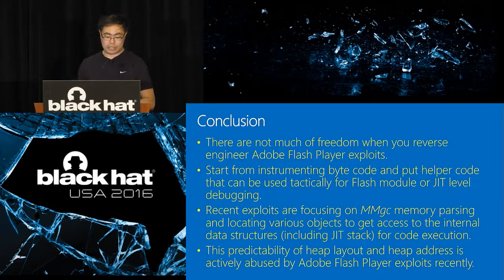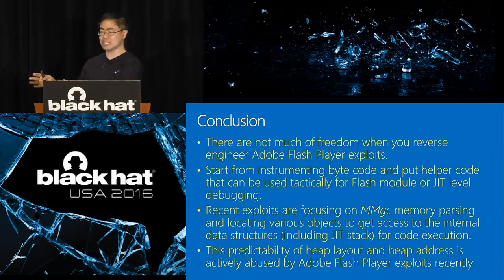Another point is that because a lot of important things happen inside the JIT level, even if you have symbols for Flash, it doesn't help, because everything happens in JIT code, and you need to match between the ActionScript code, the bytecode, and the JIT level code. It's not easy to match them.